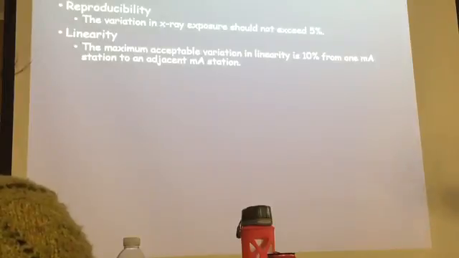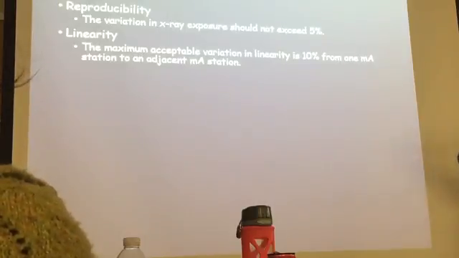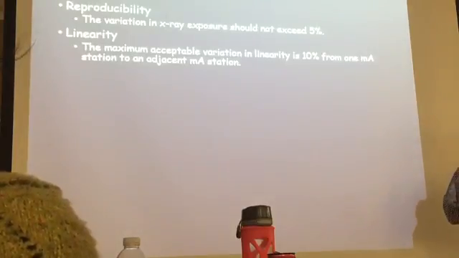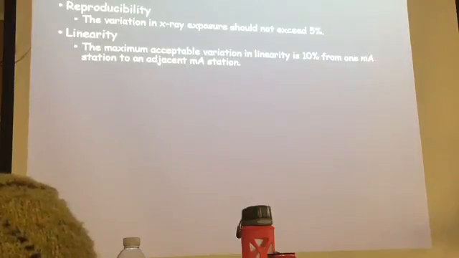You make a bunch of exposures, typically 5 or 6. Then you have your ion chamber, your detector, and you measure. The amount of X-rays created should be the same.